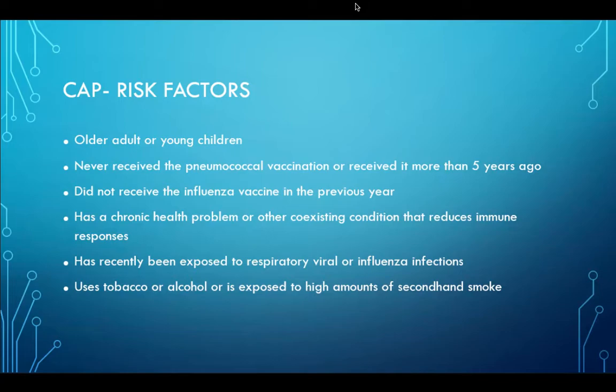If you've never received the pneumonia vaccine, or it's been more than 5 years ago, if you didn't get the influenza vaccine, if you have any underlying chronic disease, any cardiac issues, diabetes, any pulmonary disease like COPD or asthma, if you have impaired nutrition, if you're immunocompromised and you can't fight off the pathogen, and smoking and using tobacco is also a risk factor because your cilia in your lungs don't work as well to help keep the lungs clear, and smoking can also lead to COPD as well.